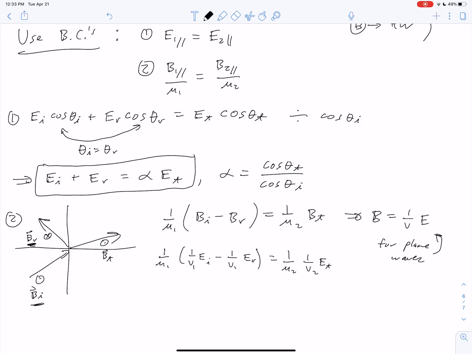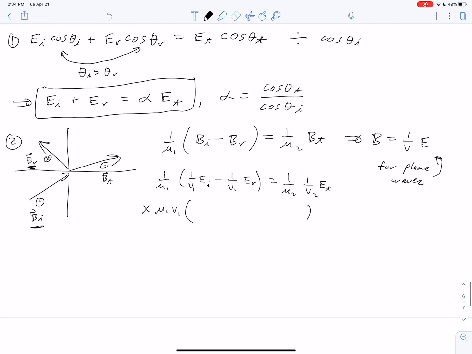And so then what I can do is multiply both sides of the equation by mu1 V1.